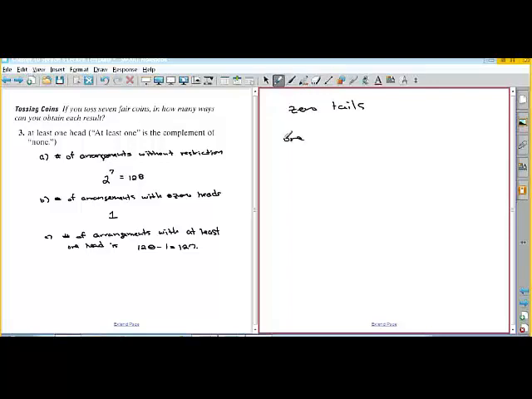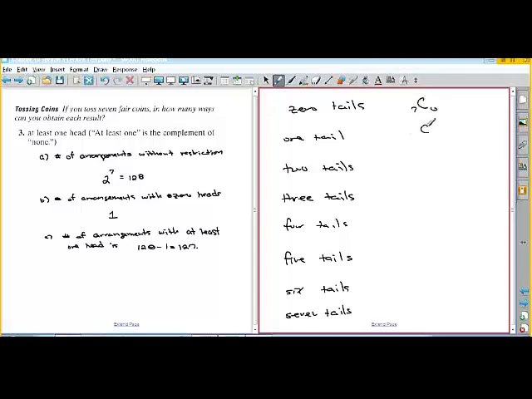So let's say 0 tails, 1 tail, 2 tails, 3 tails. These are all my options if I flip a coin 7 times: 4 tails, 5 tails, 6 tails, 7 tails.